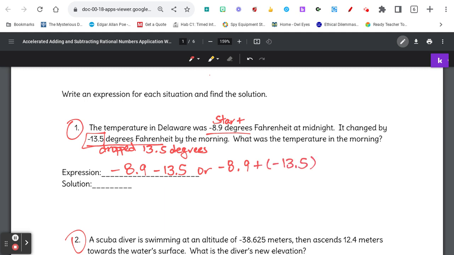Now the thing is, because that number was negative, I know that it was a drop. So when I used the word drop, I did not put the negative on the 13. The word drop will indicate you write a minus sign. But if you don't look at it in terms of the word dropped, you must use that negative on the 13 and write it with a plus sign in the middle. Plus, negative.